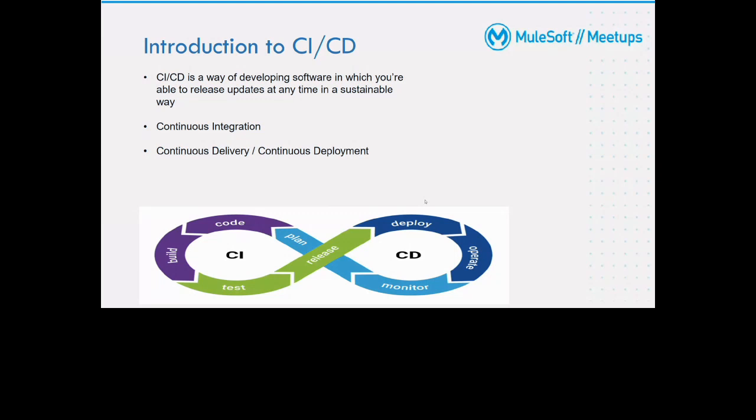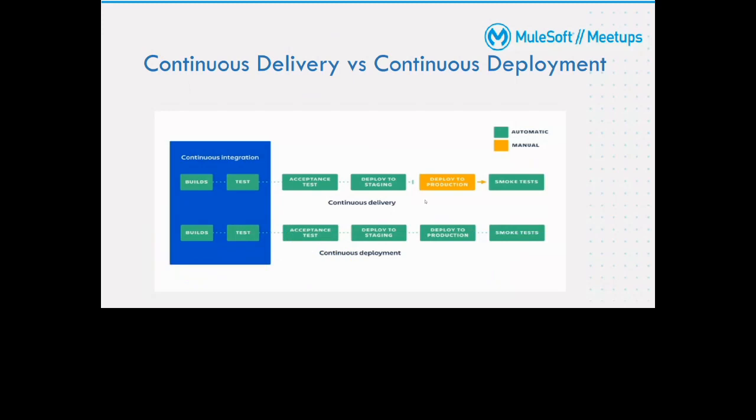There'll be a question like, what is the difference between continuous delivery and continuous deployment? We have seen these terms used interchangeably, but they are a little bit different from each other. The only difference is the manual intervention.